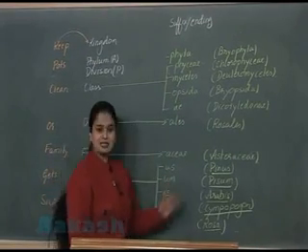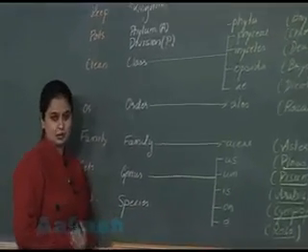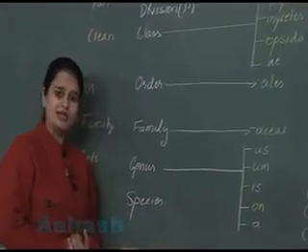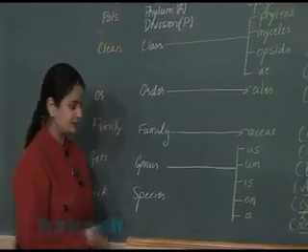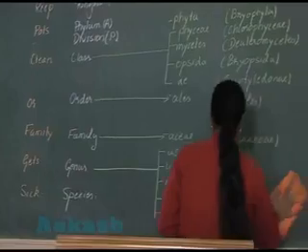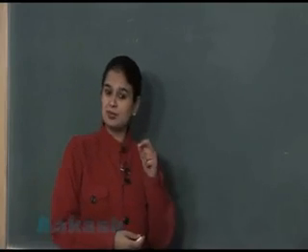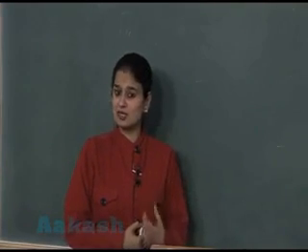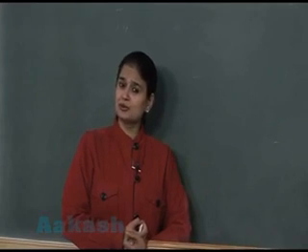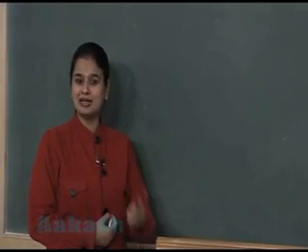Now among these 7 categories, first of all, I am going to start with species. What is species? And then after that, I will deal with the rest of the taxonomic hierarchy. The term species was given by the scientist John Ray. Species represents a group of individuals which are closely related.